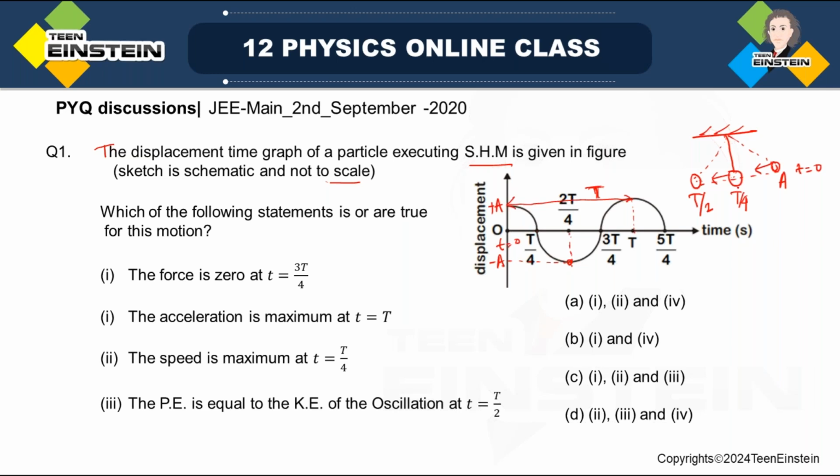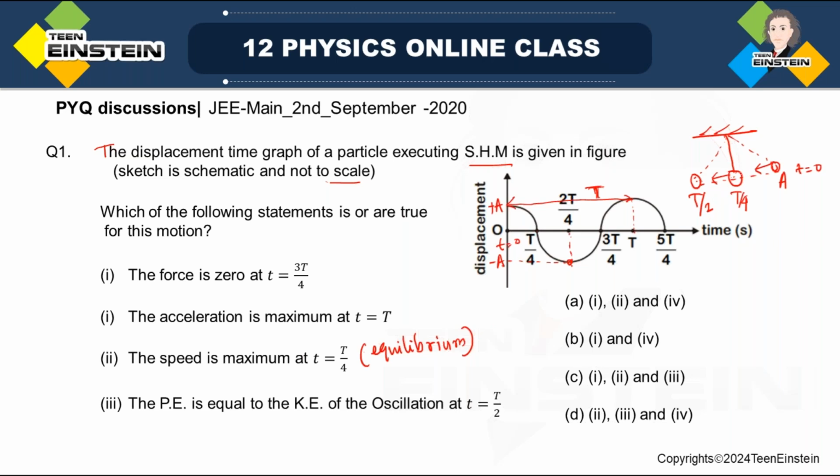Okay, and kinetic energy will be maximum at this place, T by 4. This position is the equilibrium, T by 4 is the equilibrium position, and there the speed will be maximum. This is true. I hope students you are able to understand this.